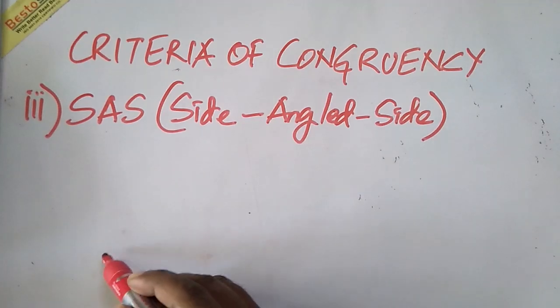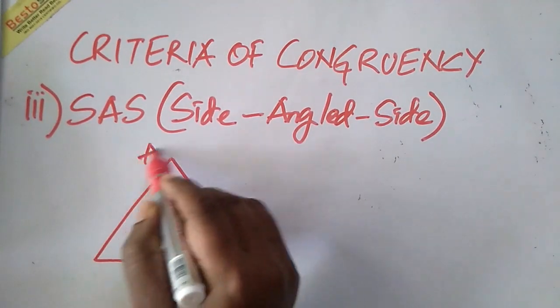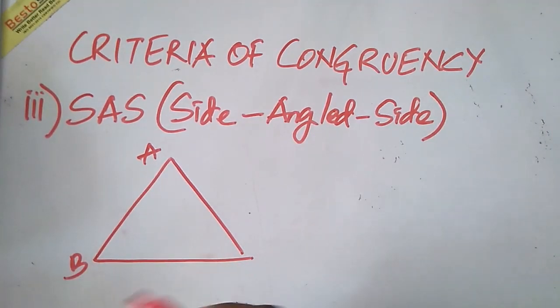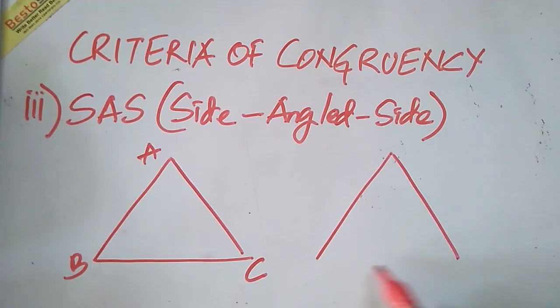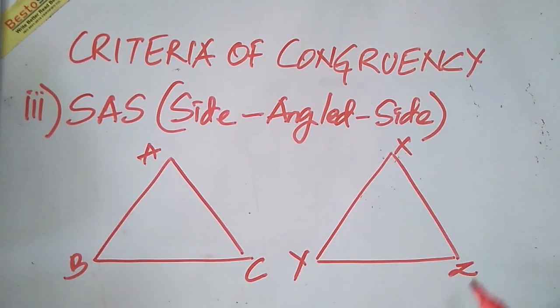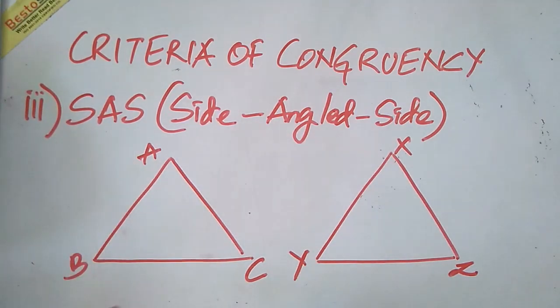So I'll quickly show you what that means. This is triangle ABC, and on the other side we have triangle XYZ. Side, angle, side.